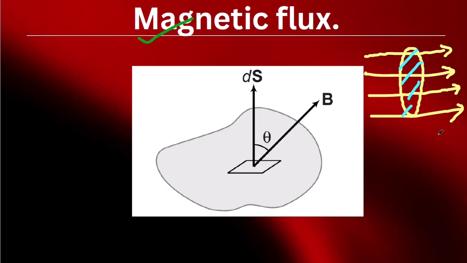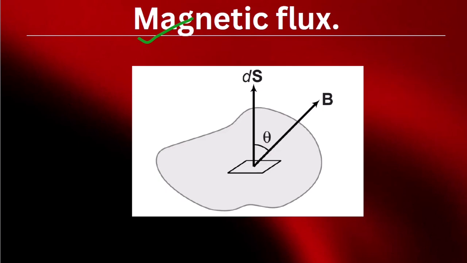If there are field lines, and we take a unit area cross section perpendicular to the field lines, then the number of field lines passing through this cross section is the magnetic flux. Now we generalize this concept. Here we have taken this surface element, with surface area ds, and this normal is the direction of the surface area vector ds.